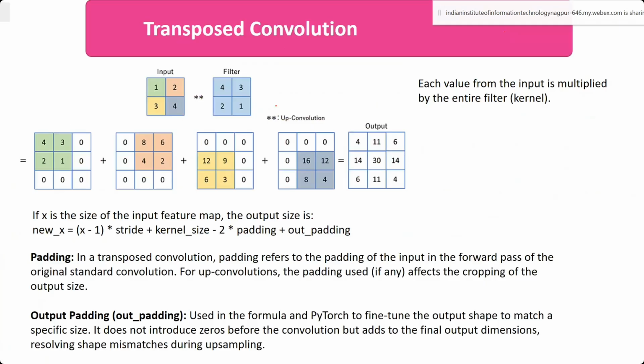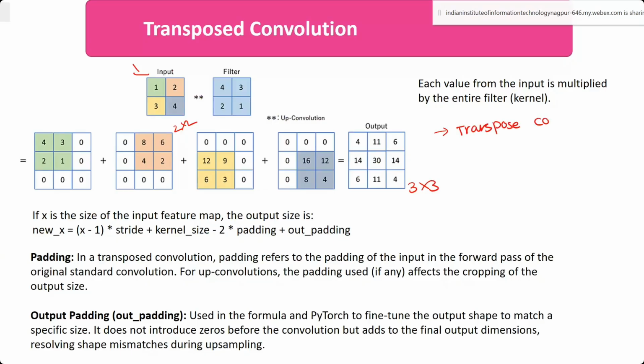So we can just see this example, everyone. Here these are the input dimensions. I have a 2 by 2 size image and I am getting a 3 by 3 size image as output after transpose convolution. So I am upsampling the data.